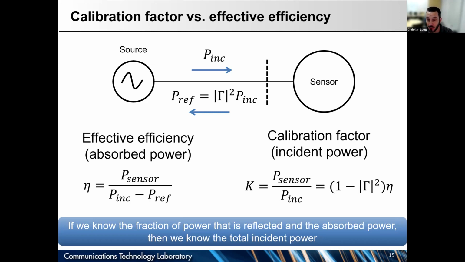So that includes the reflected power from the sensor generally, and it also includes another correction factor, which is called the effective efficiency. And that one tells you more about, compared to the amount of power that actually got absorbed by the power sensor and not reflected, what did the power read? So usually this one is less than 1. The sensor doesn't see all the power that goes in. And this one is even smaller because it includes some reflection.